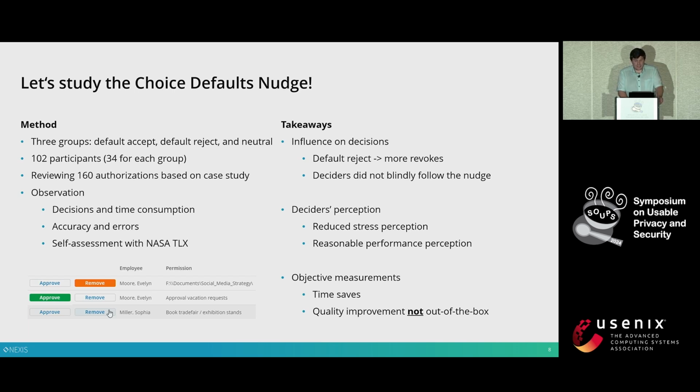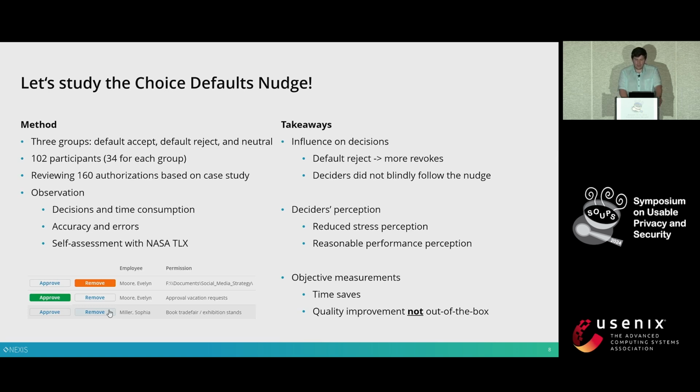Second, the deciders' perception. Both nudged groups had a reduced stress perception, so mental demand and frustration level went down, which is a good thing for the nudges. And overall, over all groups, the participants had a reasonable performance perspective.